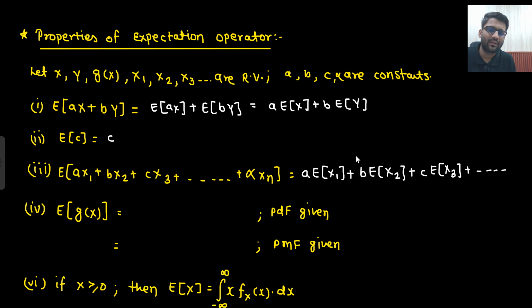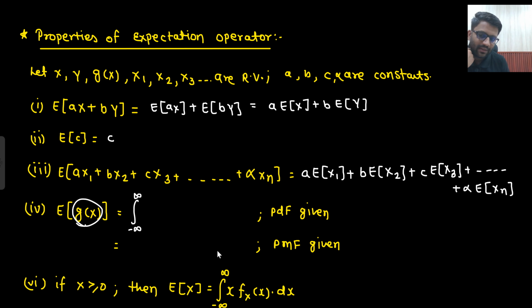And so on. Here you will see alpha expectation of x. What will be the expectation of g(x)? So what you will do? Whatever is inside, small g(x), but this capital X should be replaced with small x.